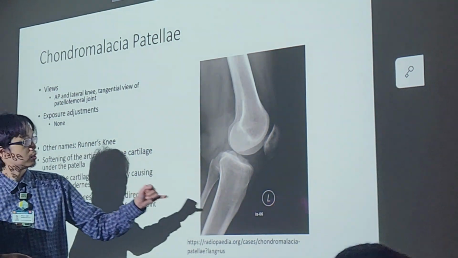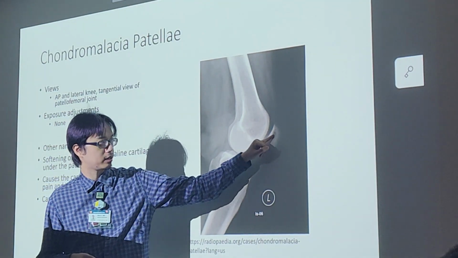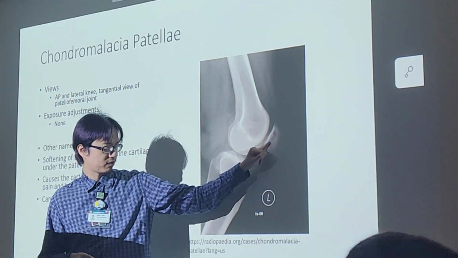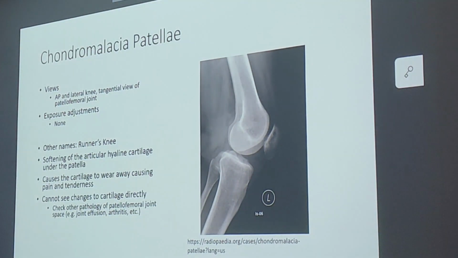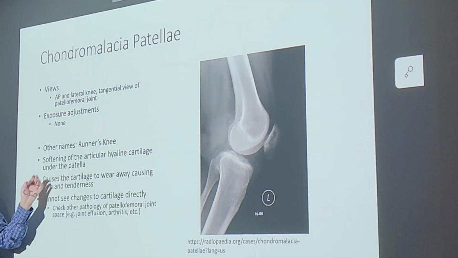Right, bone to bone. In this case, we can see this radiolucency. I believe the report said they suspected these were cysts that had formed due to chondromalacia patella. So we can't see the cartilage directly, but we can see the side effects of it disappearing.